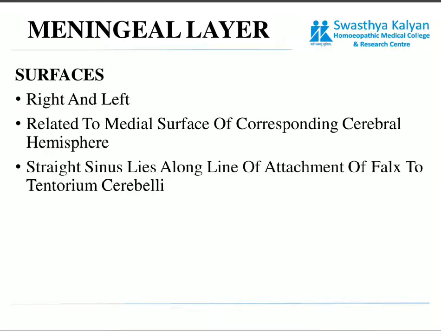There are two surfaces of the falx cerebri, right and left, and each surface corresponds to the medial surface of the corresponding cerebral hemisphere. The straight sinus lies at the line of attachment of the falx to the tentorium cerebelli.